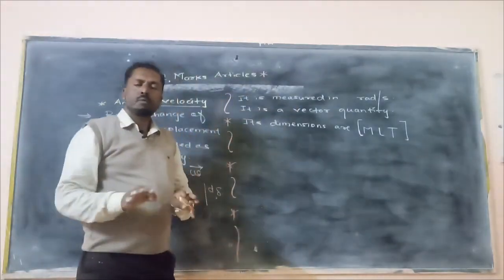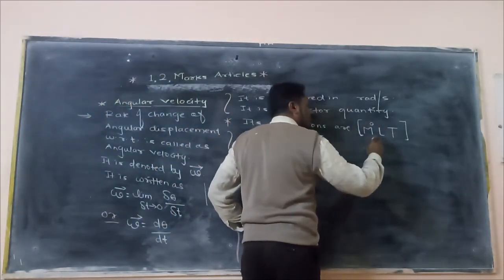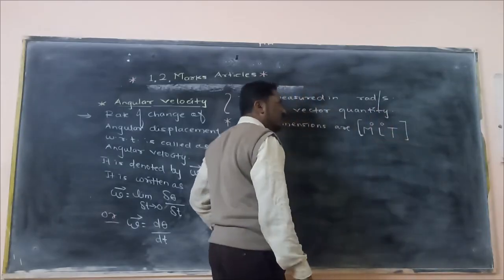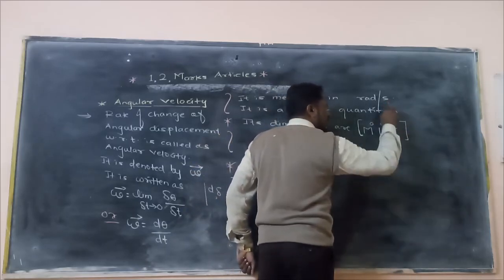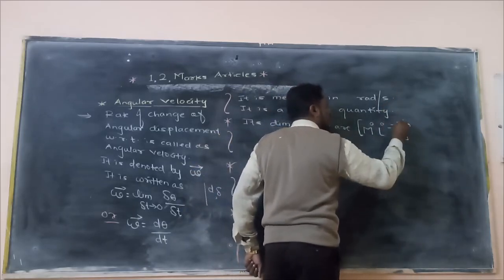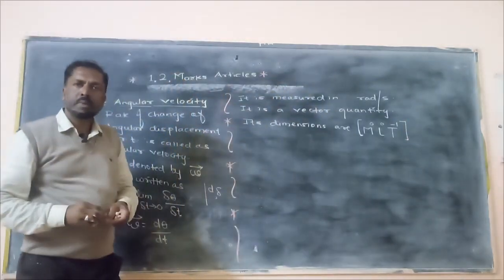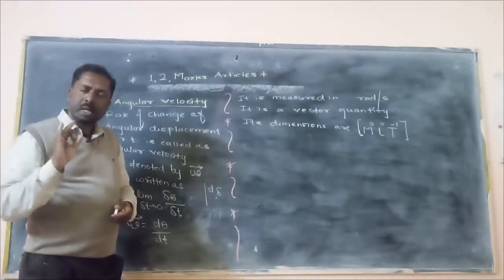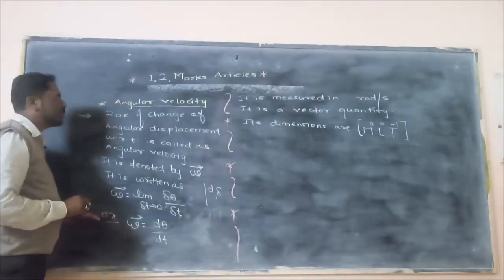Here there is no information about mass, so the power of M is 0. No information about length, breadth, so the power of length is 0. But we have the information about the time, that is in the denominator. When it comes to numerator, it becomes -1. So what is the dimension of angular velocity? Angular velocity has the dimensions M raised to 0, L raised to 0, T raised to minus 1.